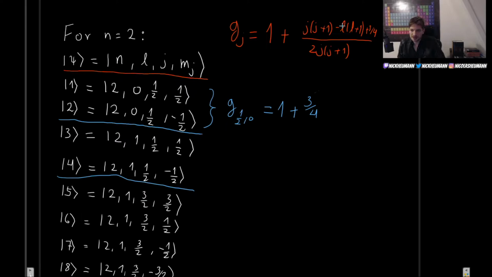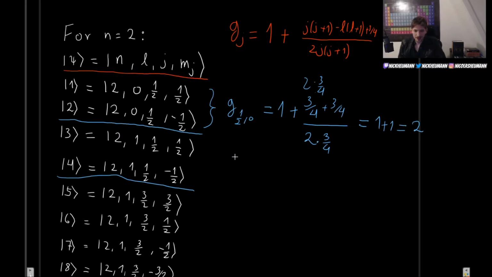Then we have minus 0 times 1, so 0, and then plus 3/4 again, and this is divided by 2 times J plus 1, but this is 3/4 as well. And so this up here is simply 2 times 3/4, so we have 2 times 3/4 here and here, so this cancels out and we have 1 plus 1. So g for the case J equals 1/2, L equals 0 is 2.